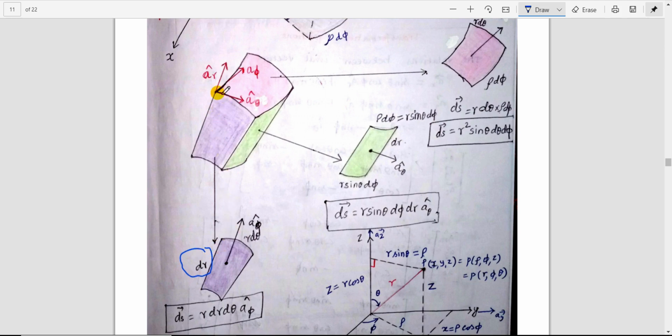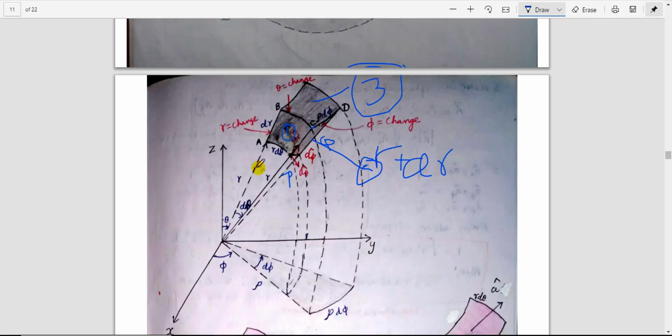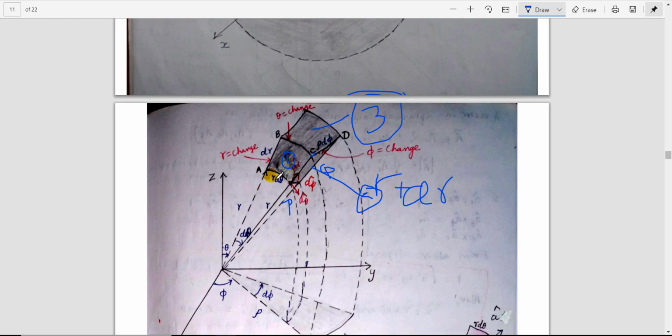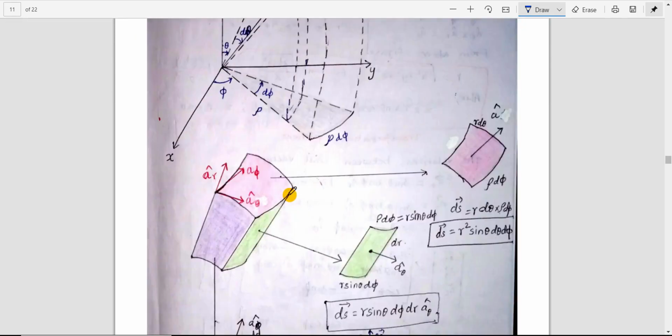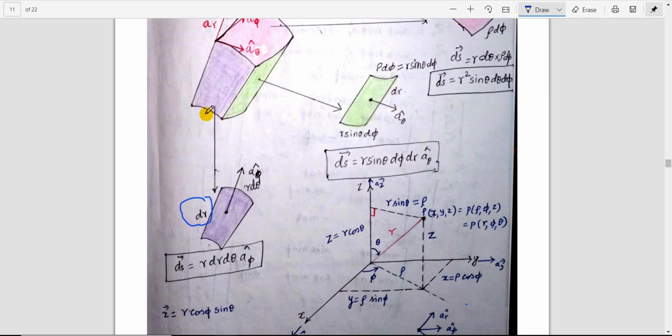You can view here also. Just notice this is d theta, and if this is d theta, then this arc length can be defined as r d theta. So here we have mentioned that this is the arc length, r d theta.